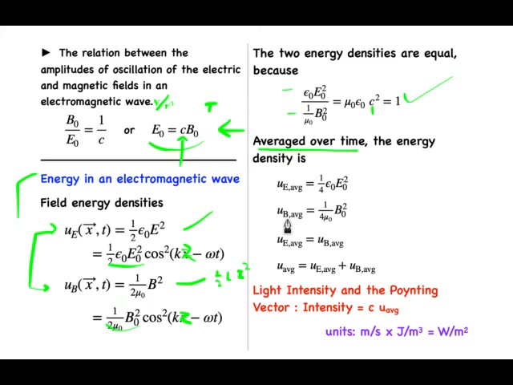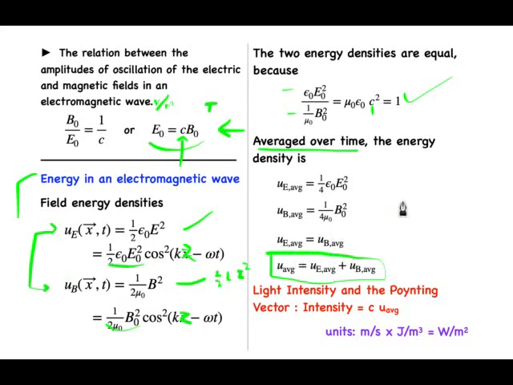For the magnetic field energy, it's 1/4 mu naught B0 squared. Then these two are equal because of the relationship between E naught and B naught, and the relation between epsilon naught mu naught and the speed of light.